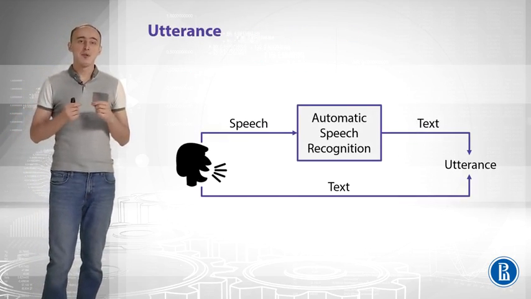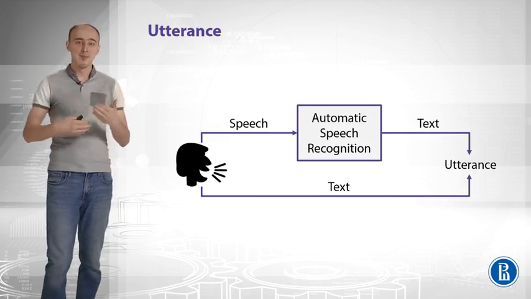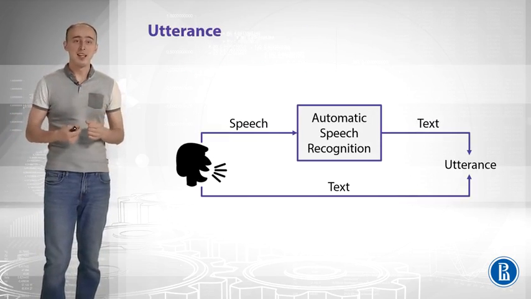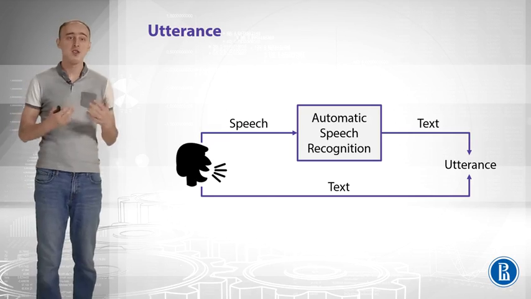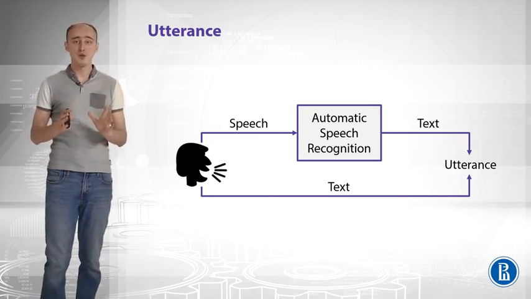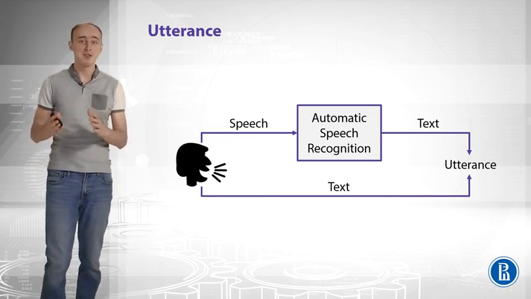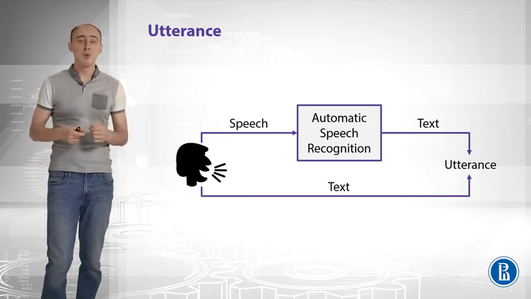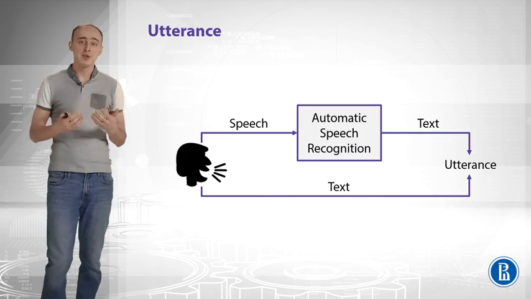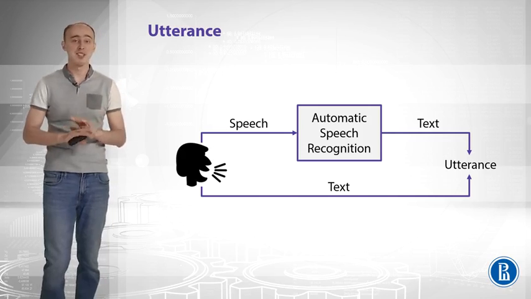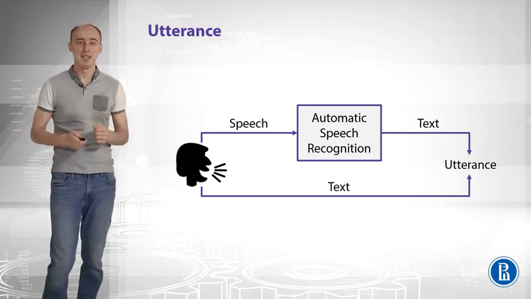What we actually get from the user when he uses our system is either speech or text. If it is speech, we can run it through automatic speech recognition and get text as the result. What we get is the utterance, and we will further assume that our utterance is text and we don't mess with speech, because it is out of scope of this week.